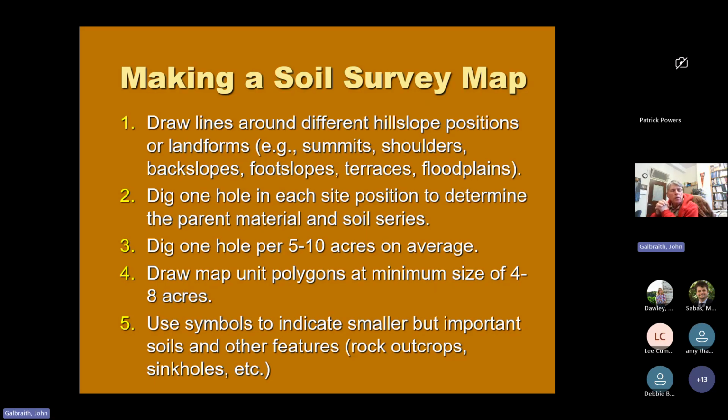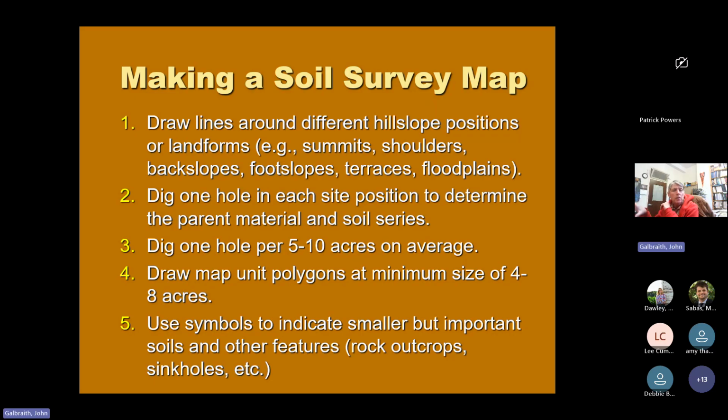We would go to the field. We would identify where we were standing. We would dig a hole, and we would put a symbol on the map indicating what soil we found. Then we'd move to a different part of the field, usually in a different location. On average, you dug one hole every 4 to 20 acres.